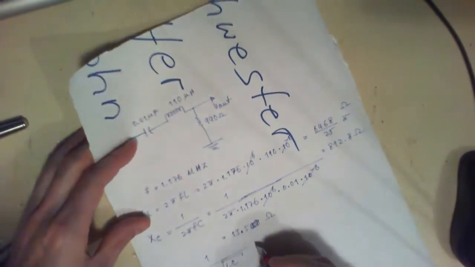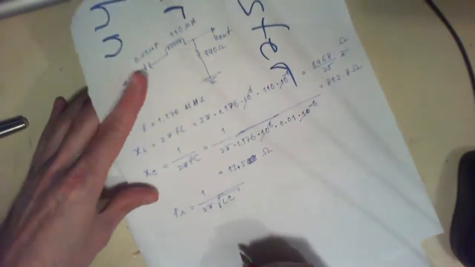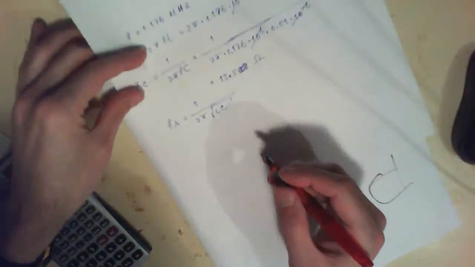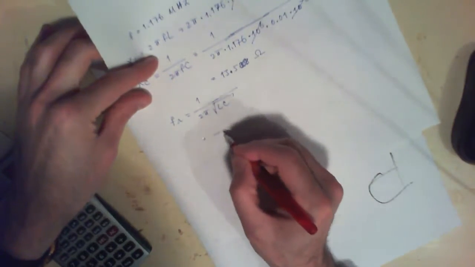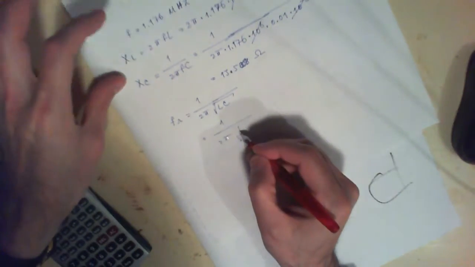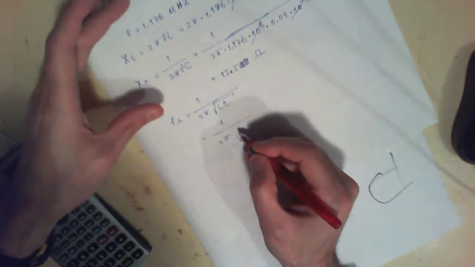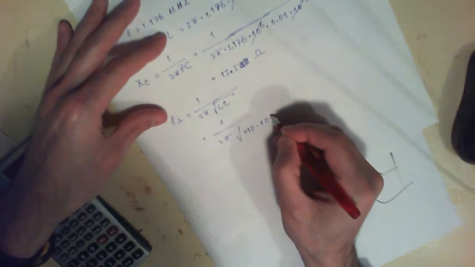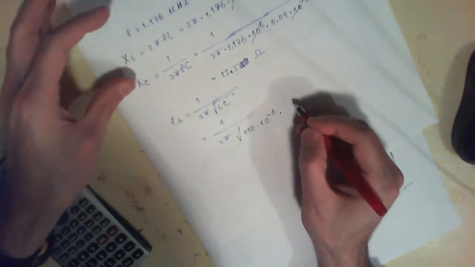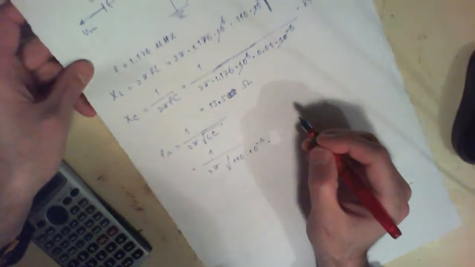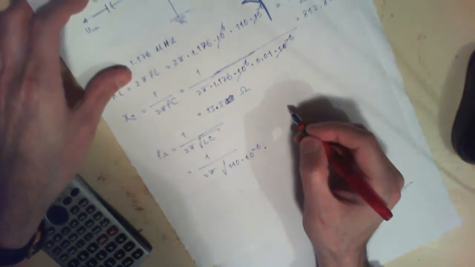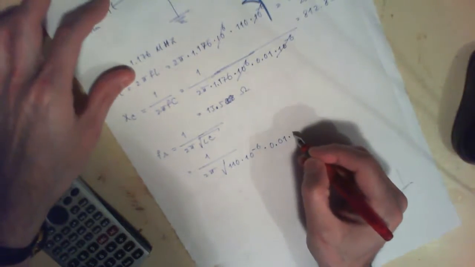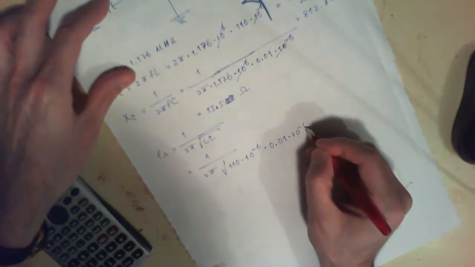So for this particular circuit, it's equal to 1 over 2 pi the square root of L, which in this case was 110 microhenry, so 110 times 10 raised to power negative 6 henry, times the capacitor, which was 0.01 microfarad, so times 10 raised to power negative 6 farad.